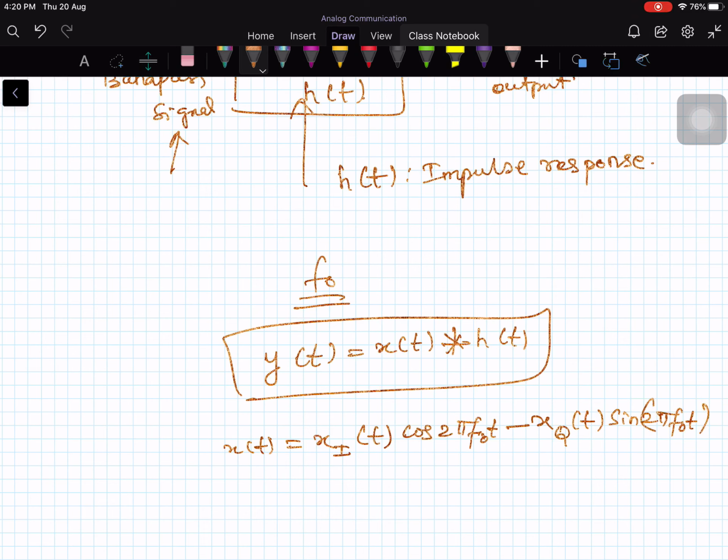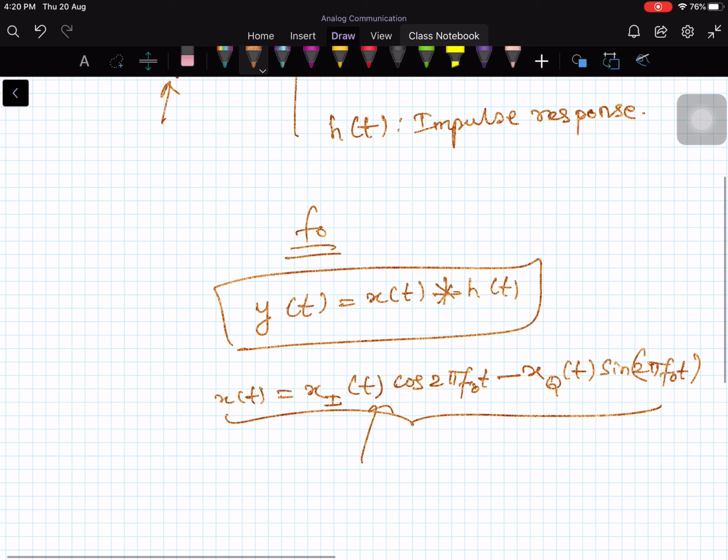If I use this representation, is there any benefit that we will gain in this process? This representation, I probably forgot to mention, is usually known as the standard form for bandpass signal representation.